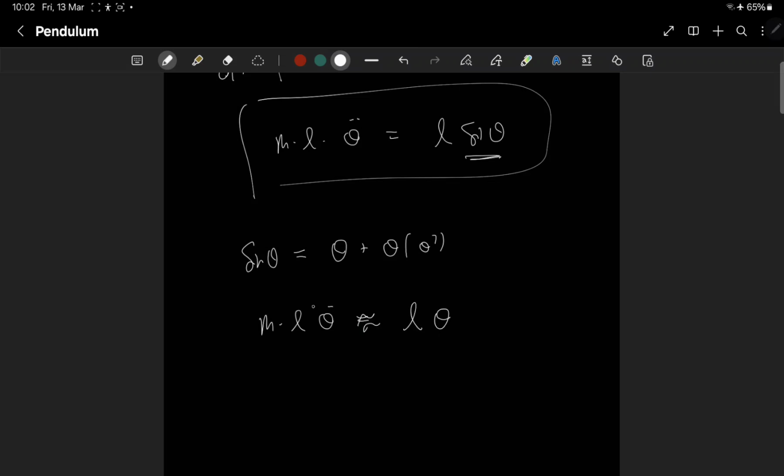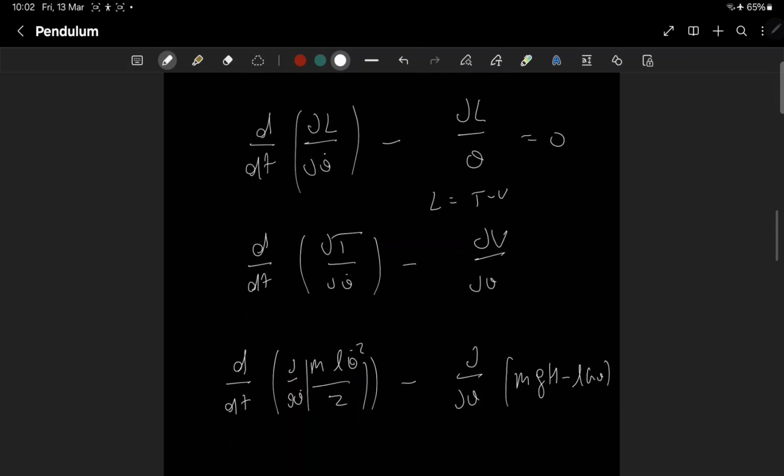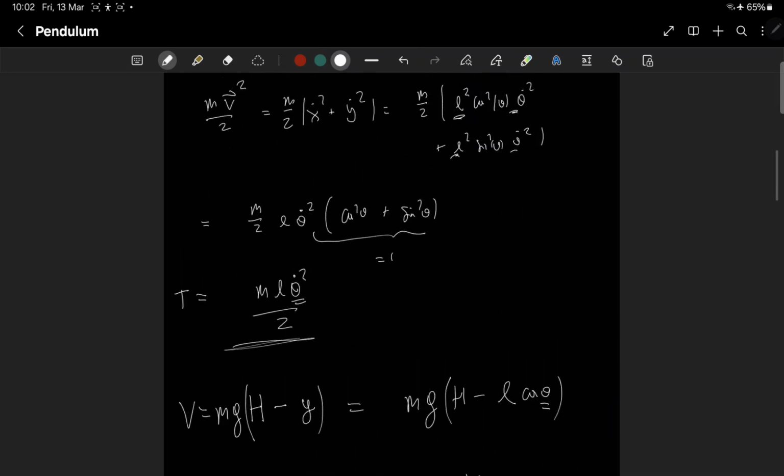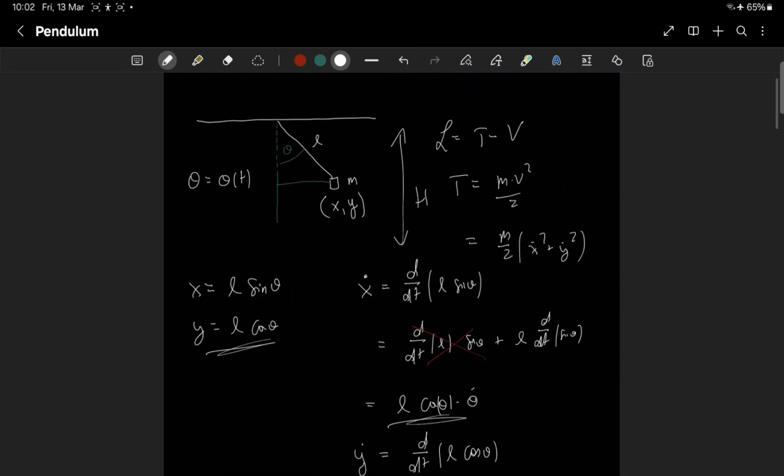The only difference is that for the harmonic oscillator we have a minus over here. Here we don't have a minus sign because we chose the height of the pendulum to go in the other direction, right?